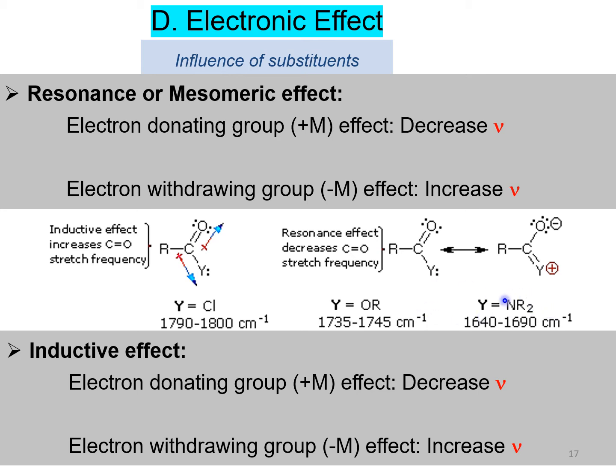Due to the resonance effect of the lone pair of the oxygen or nitrogen in the amine group, that is going to decrease the frequency of the C=O bond. So what we come to know is that the inductive effect of electron withdrawing groups increases the frequency, and electron donating groups, the plus M effect, decrease the frequency.